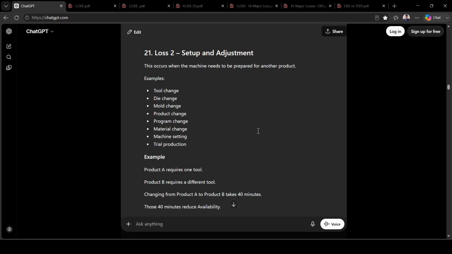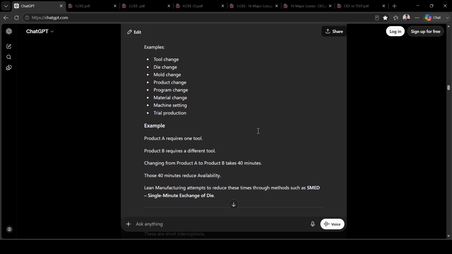For example, product A requires one tool and product B requires a different tool. Changing from product A to B takes 40 minutes, and those 40 minutes reduce availability. Lean manufacturing attempts to reduce these times through methods such as SMED, or single minute exchange of die.